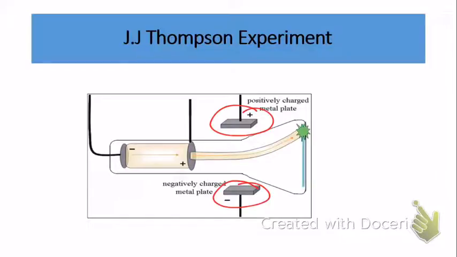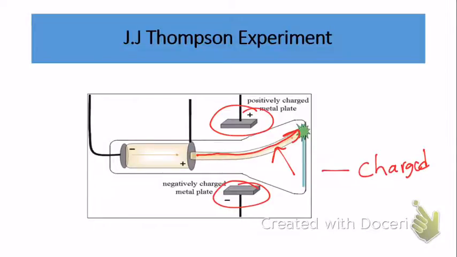And what's going to happen is something that he didn't expect: the cathode ray is going to bend towards the positive magnetic field and repel away from the negative magnetic field. What J.J. Thomson concluded is that the cathode ray, this ray, is really negatively charged. Okay, so negatively charged.